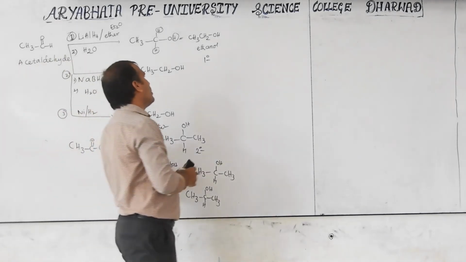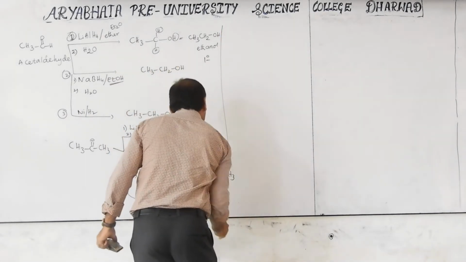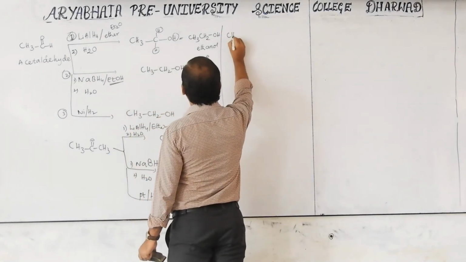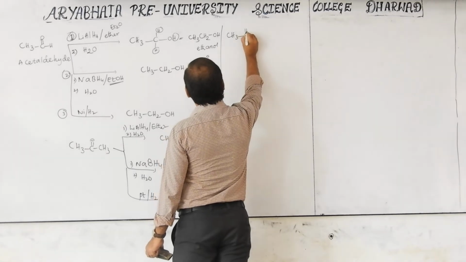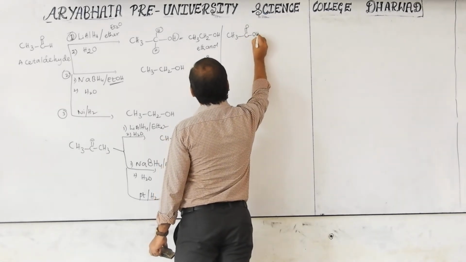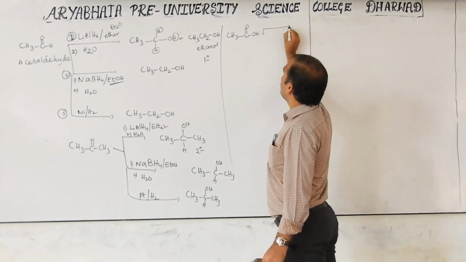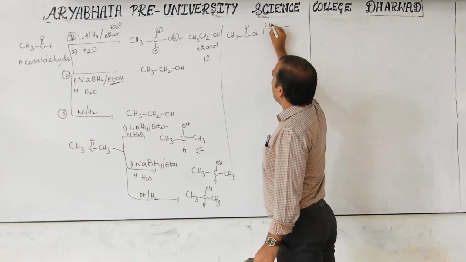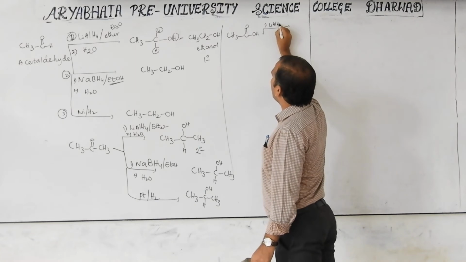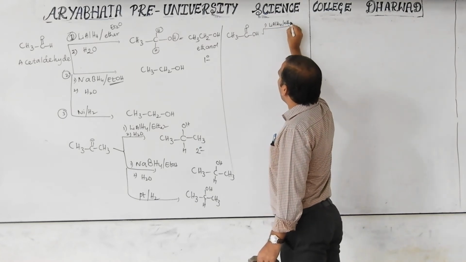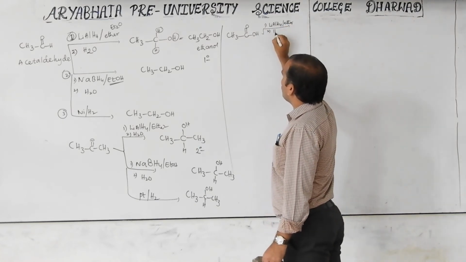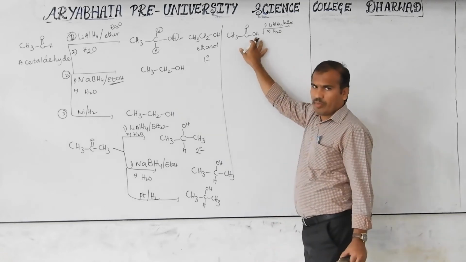Next, carboxylic acid. In this carboxylic acid, CH3, C double bond O, OH. Here also we can take the first one: first step is lithium aluminum hydride in ether, second step is water. Now this part is remaining.